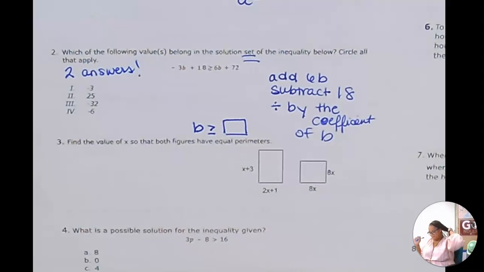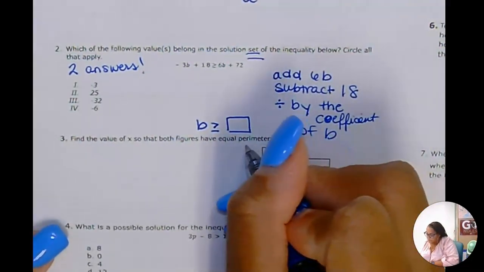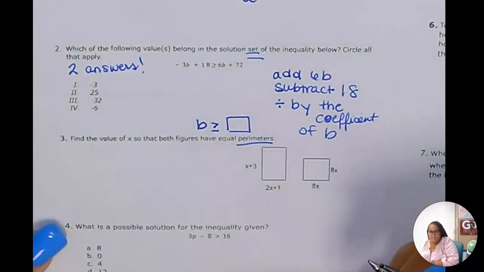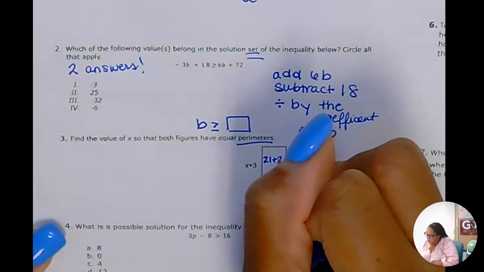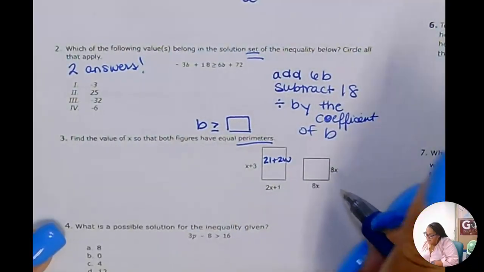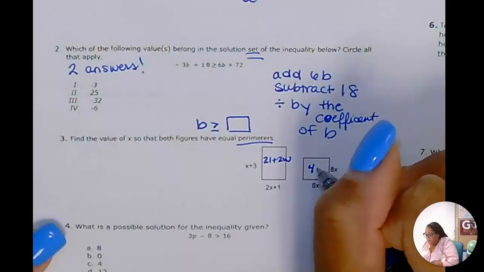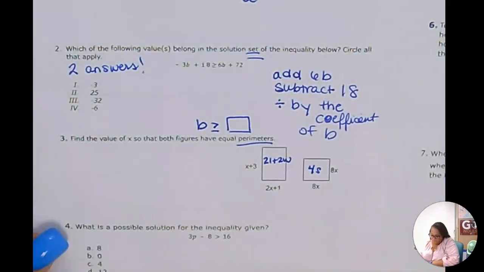All right, number 3. It says find the value of x so that both figures have equal perimeters. So perimeter is where you add all the sides. So this is 2L plus 2W, and this is a square, so this will be 4 times the side. Okay?